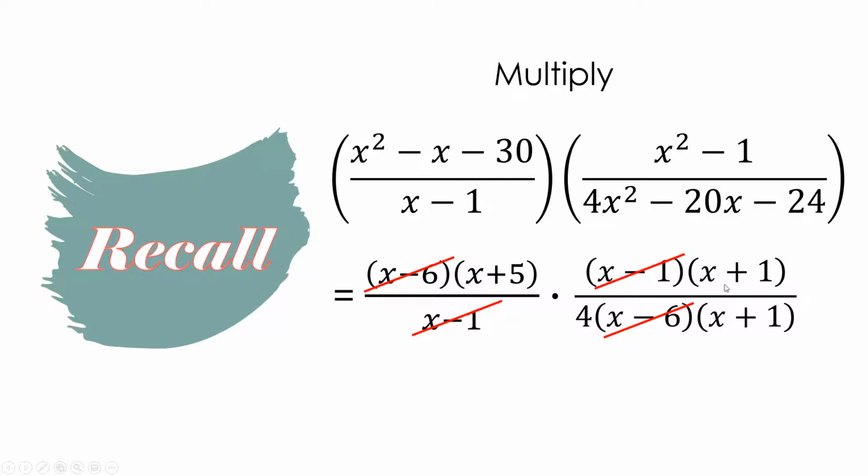And this one. Is there any common factor in the denominator with this term? Yes. So what remains is x plus 5 and 4. Since x plus 5 is the numerator and 4 is the denominator, the final answer is x plus 5 all over 4.